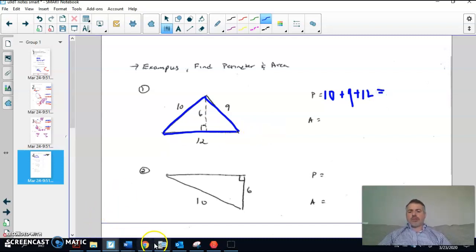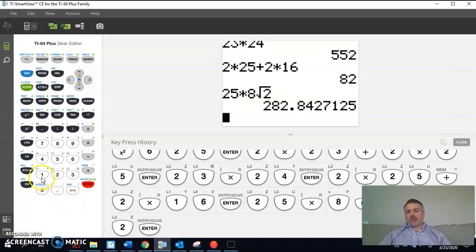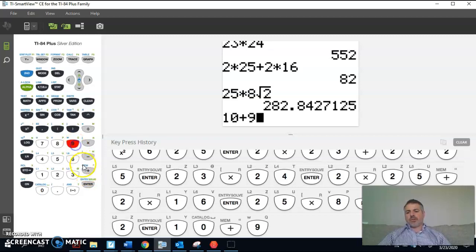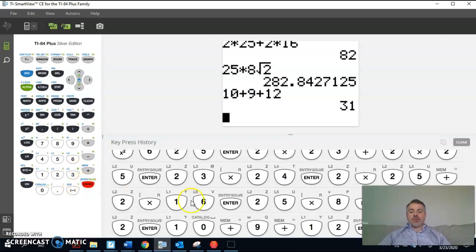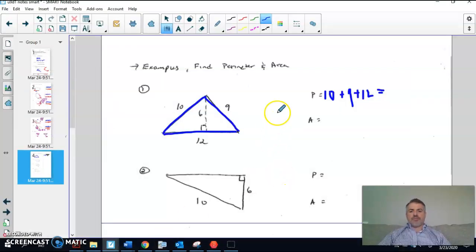So I can quickly figure out what that is by doing 10 plus 9 plus 12. That's 31. So that's the perimeter of the triangle. That was easy.